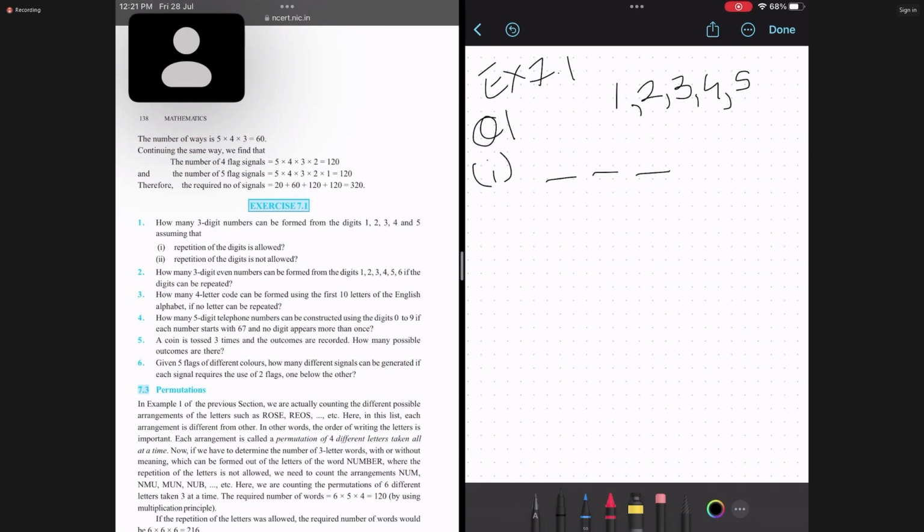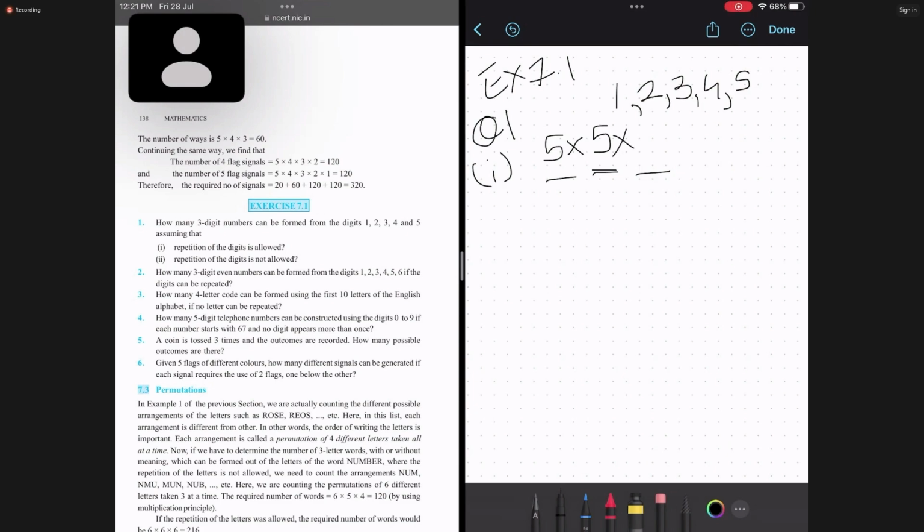So how many ways can we fill in the first digit of the number? As we have 5 choices to use, this can be filled up in 5 ways. Similarly, the second digit can also be filled up in 5 ways, because we can use any of these digits again, right? Because the repetition is allowed in the first case.